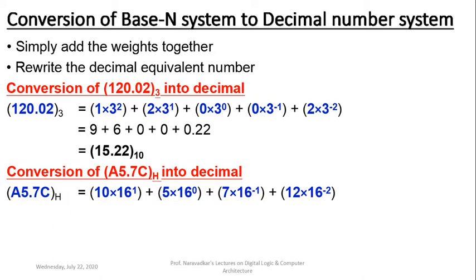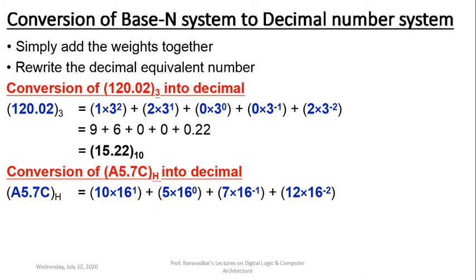Now on the right side of the hexadecimal point, the immediate next digit is 7. So 7 multiplied by 16 to the power minus 1, plus C, which is on the extreme right, where C is equal to 12 in decimal. So 12 multiplied by 16 to the power minus 2.